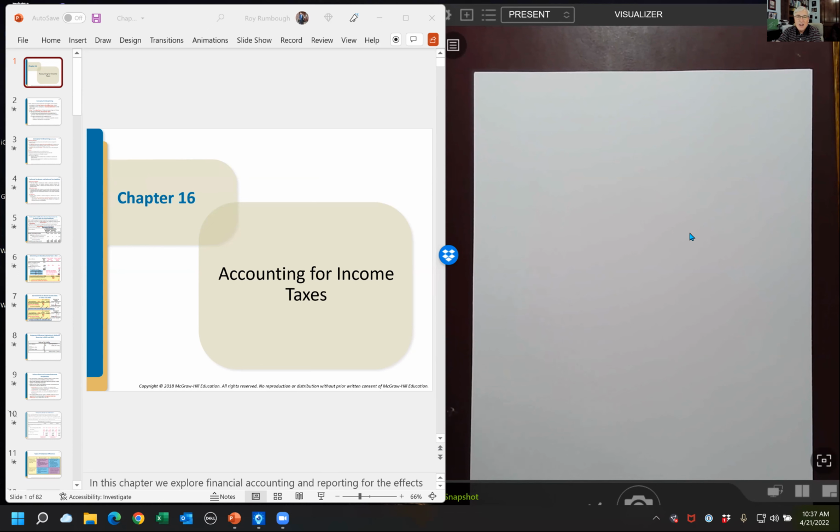So therefore, some items we're going to expense on the financial reporting side, on the book side, based on estimates of future cost, because we want to match the expenses with the revenues for the financial statements. The tax return, they're not worried about that. They're not trying to match revenues and expenses and prepare financial statements. They're trying to collect taxes.